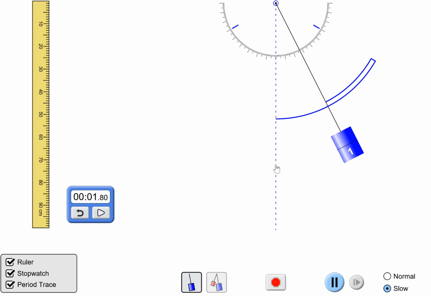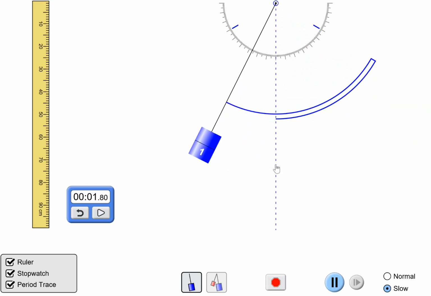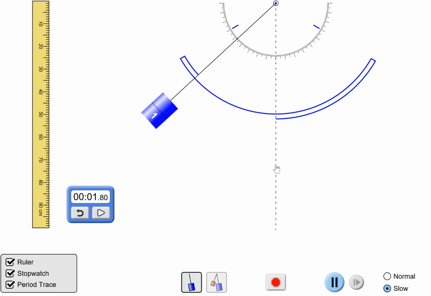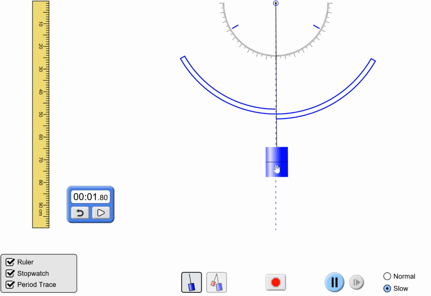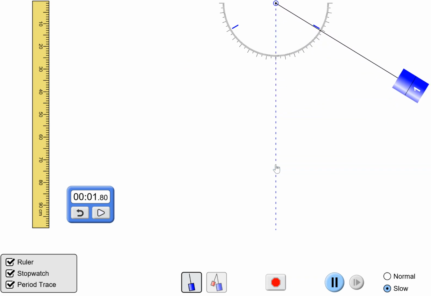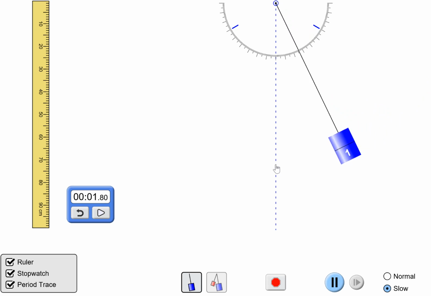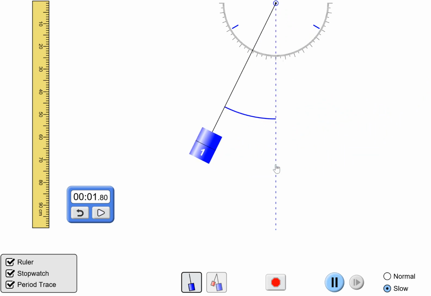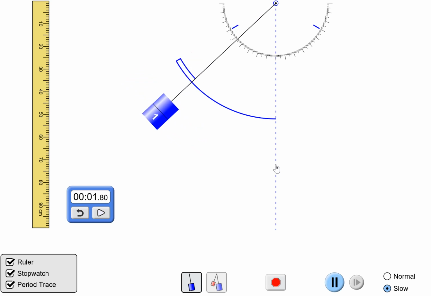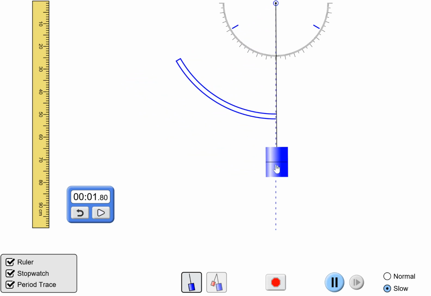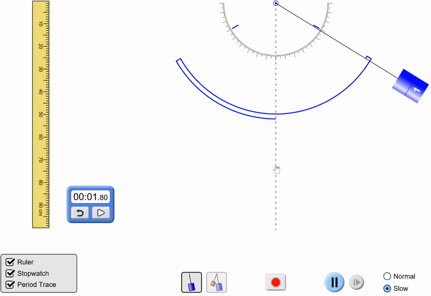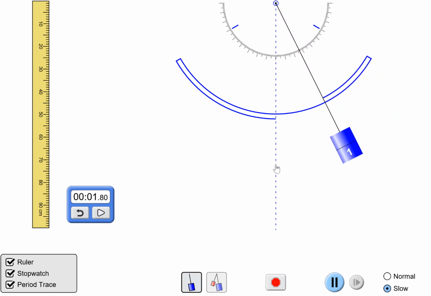So ideally it is advisable to time a large number of oscillations, for example 10 oscillations, 20 oscillations, and that's what your paper 6 will be asking you. They'll ask, why do you take 20 oscillations? The idea is when you take a large number of oscillations and find the average, you're getting answers which are as accurate as possible. Timing one oscillation will have more errors compared to timing 10 oscillations, right?